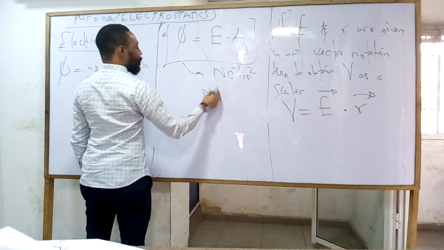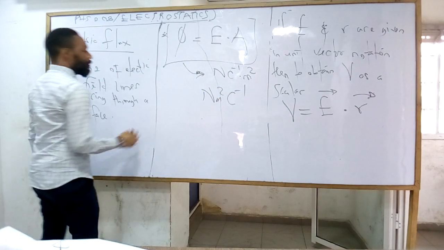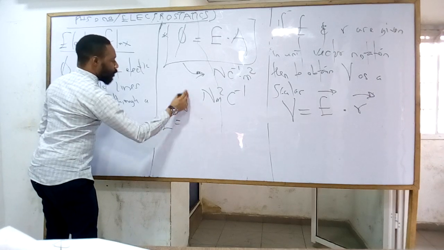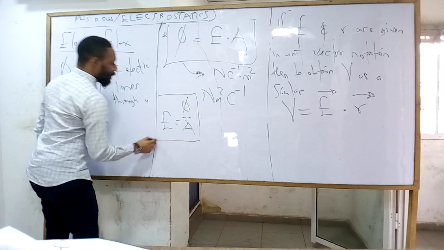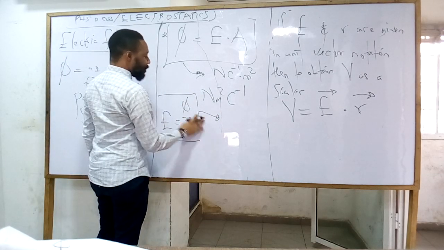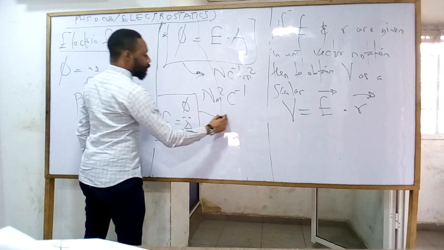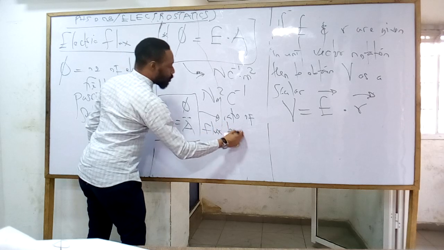So we have newton meter square per coulomb as the unit of our flux. So similarly, E is flux over area. So that clearly shows that another name for electric field intensity is electric flux density, which is the ratio of flux to area.